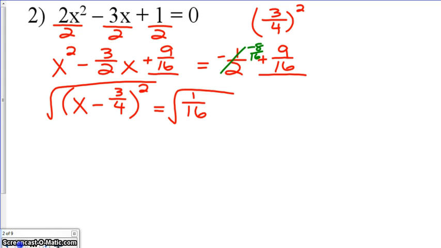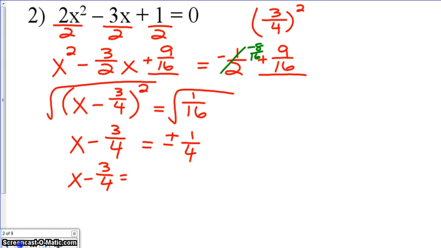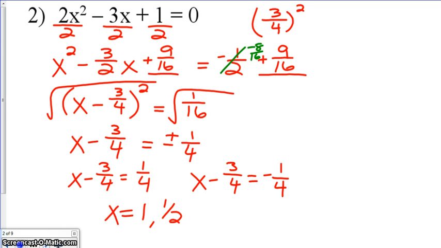On this side, I'm going to have x minus 3/4 equals the square root of 1/16, which is plus or minus 1/4. We have a common denominator already, so when we simplify, we get x equals 1 and 1/2.